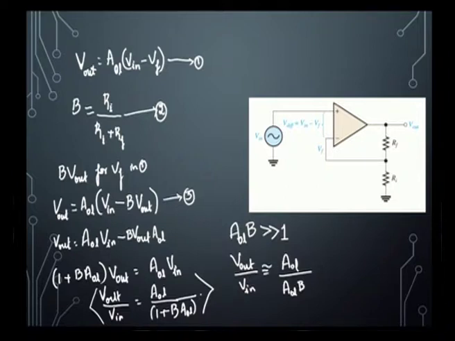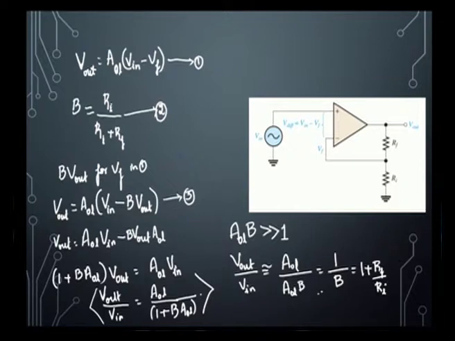because we are considering these two product will be much greater than 1, one can be neglected from the denominator. So, the open loop gain into B only remains in the denominator. Cancelling both we will get 1 by B. Applying the B value here we get 1 plus RF divided by RI.